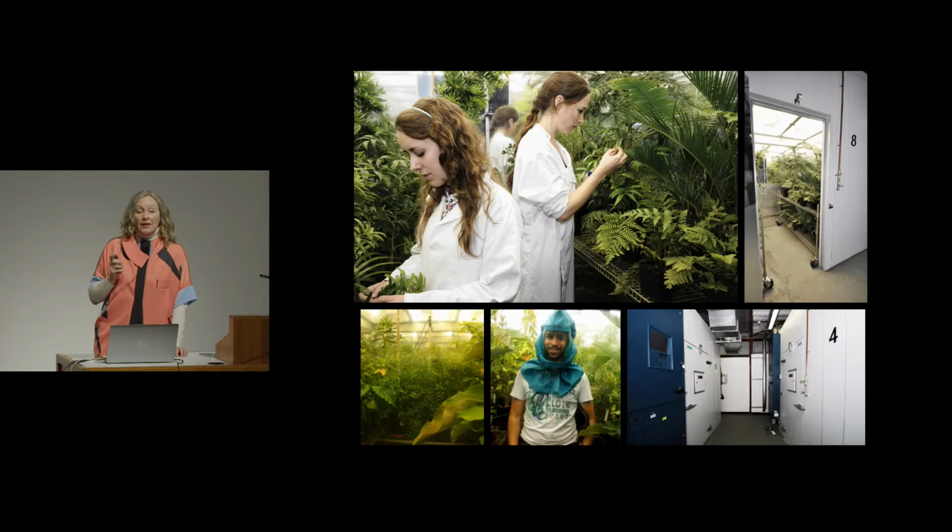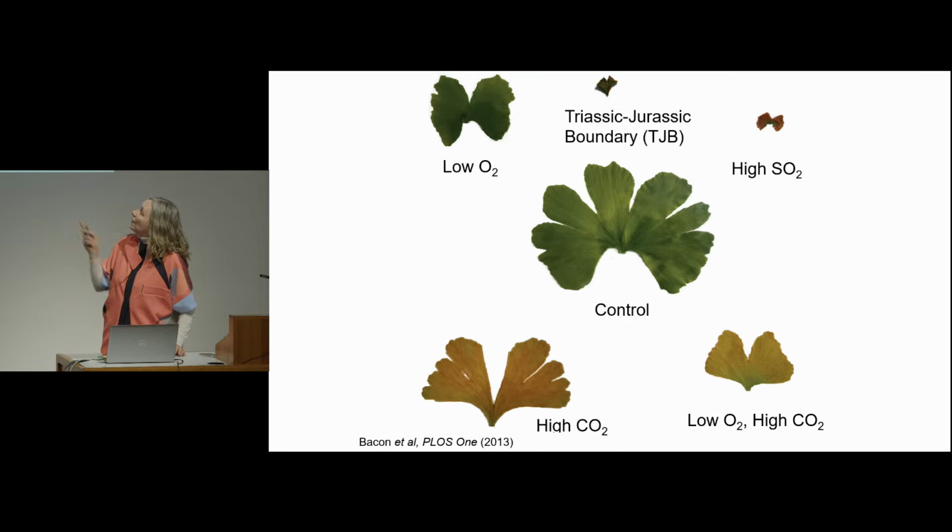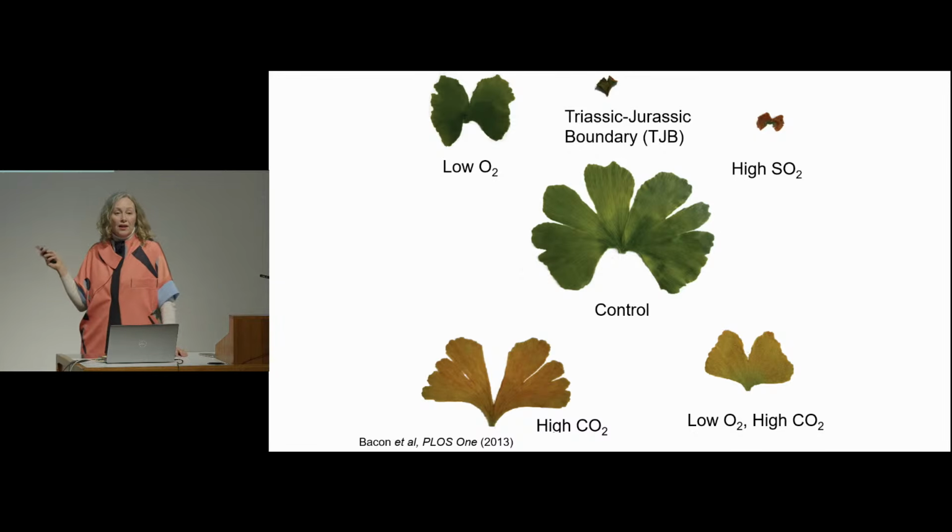A single plant species is so plastic, it can modify every part of itself under different atmospheric conditions. And this is illustrated here. So this is a very familiar plant, I'm sure, to many. It's Ginkgo biloba. If you grow it in just ambient conditions, very happy leaf. If you grow it in high sulfur dioxide, this tiny, crumbly brown leaf.